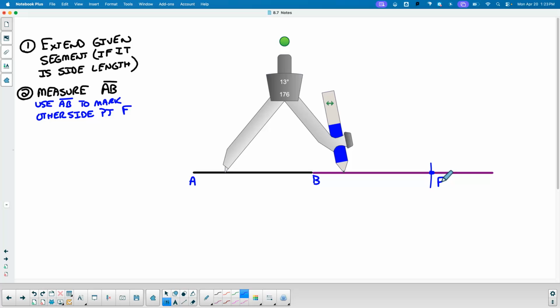So we've created two congruent line segments. You would agree with that? Do you guys agree that we created two congruent line segments? Yeah? Okay, all right. So here in the middle, we've created two congruent line segments.